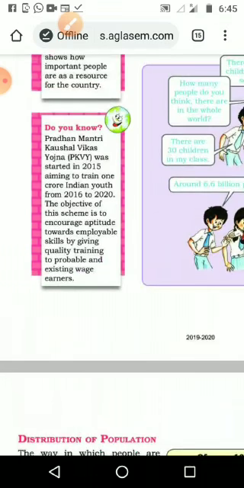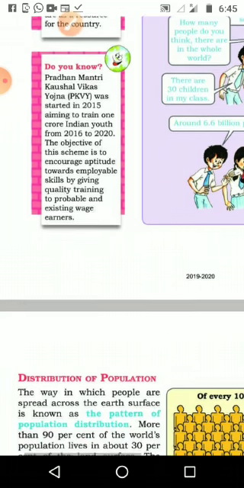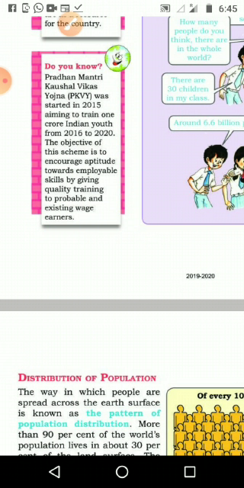The one program scheme of the government, that is Pradhan Mantri Kaushal Vikas Yojana. Kaushal means skill development scheme. Started in 2015. What is the aim of that one? To encourage the aptitude towards employable skills.